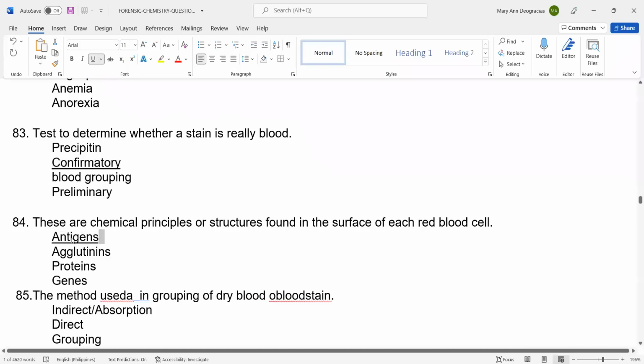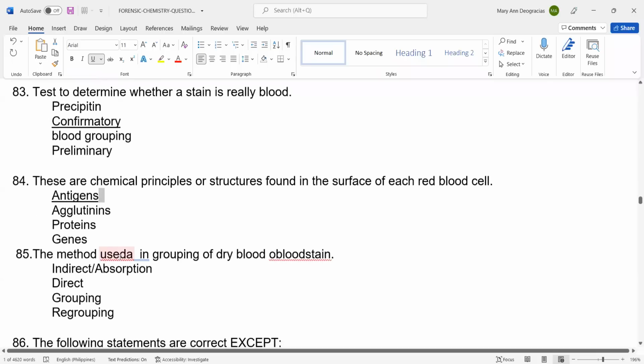So antigens, or they are referred as agglutinogen. So nasa red blood cells yan. Ang pagpipilian lang naman natin dito is antigen or agglutinin. So antigen, nasa RBC. Ang agglutinins natin nasa serum. Whichever, baka mamaya kung alin dyan yung lumalabas na question.